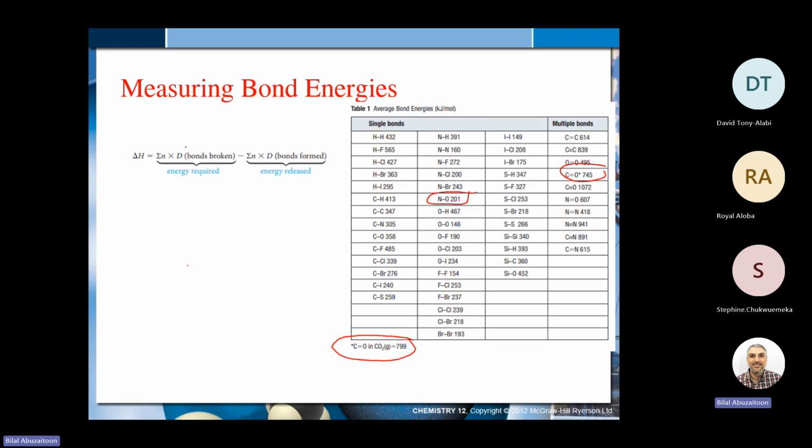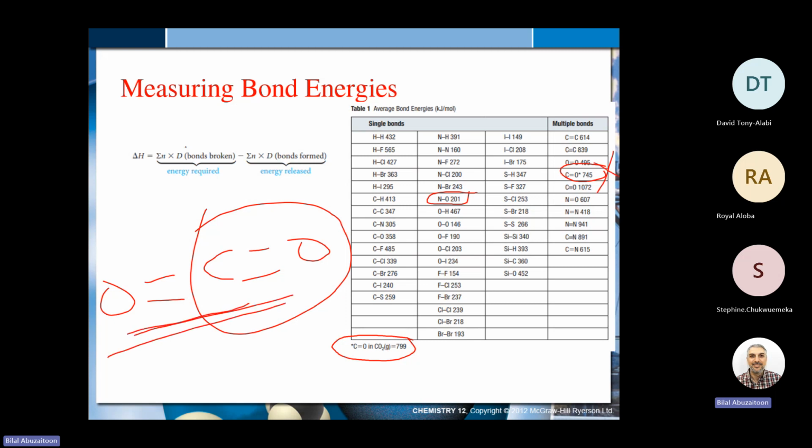But if you have CO2 from a combustion reaction, and you know, all combustion reactions have CO2 as a product, almost, with some exceptions. CO2 has C double bond O and C double bond O. In this case, you don't use 745. You don't use this value in this case. In the CO2 specifically, you use 799.